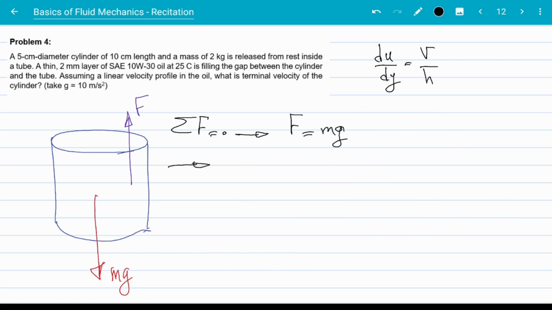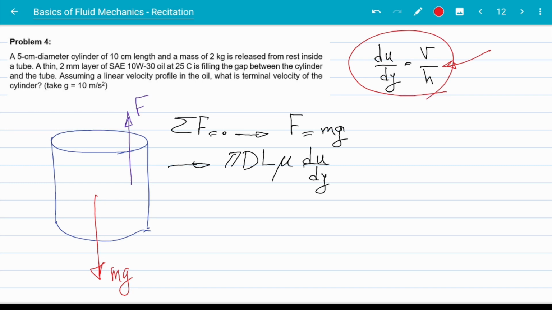F is pi d L mu du over dy. Now remember this equation here? We derived the velocity profile. This is where we are going to use it now.